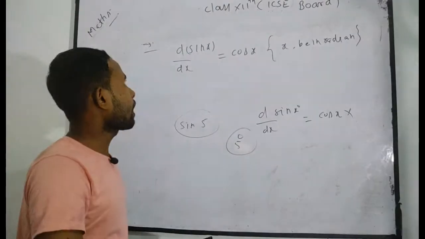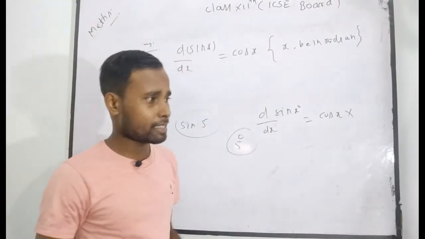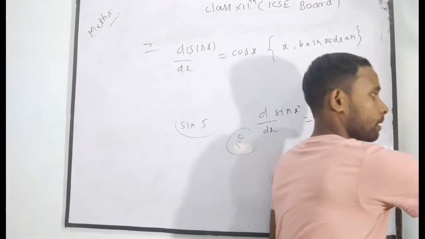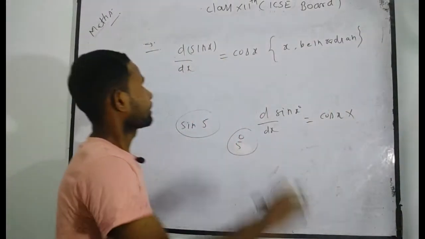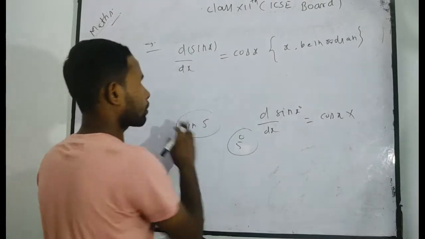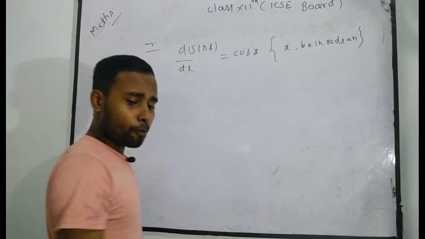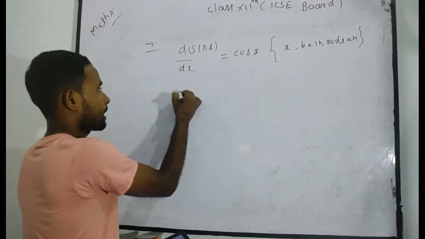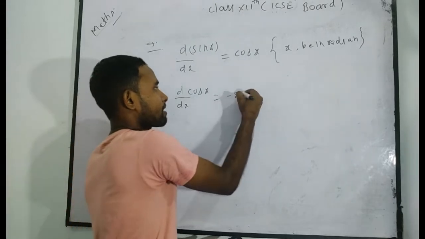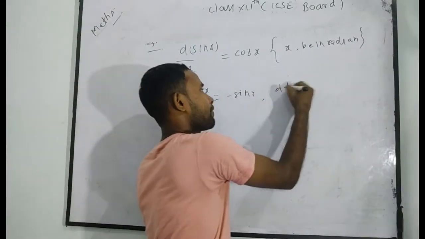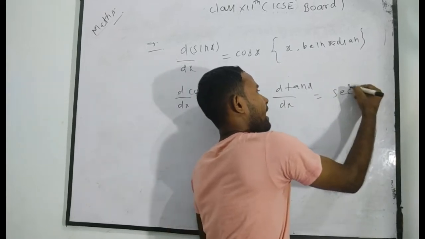This is simple. Now I want to write the next formulas for you. This is the formula: the derivative of sin x with respect to x is equal to cos x. Similarly, the derivative of cos x with respect to x is equal to minus sin x. The derivative of tan x is sec square x.